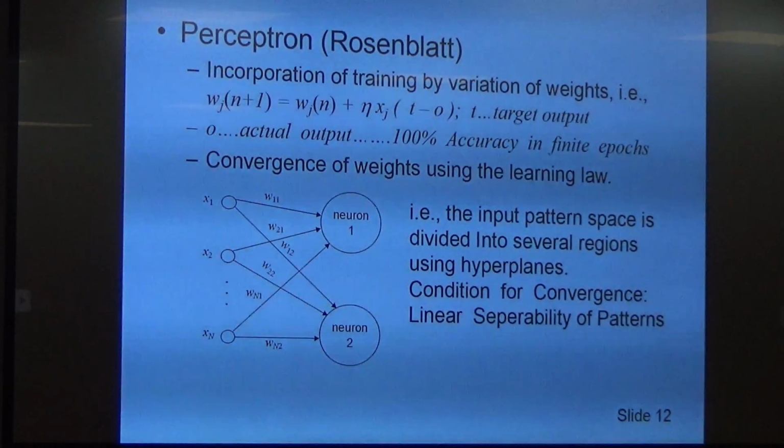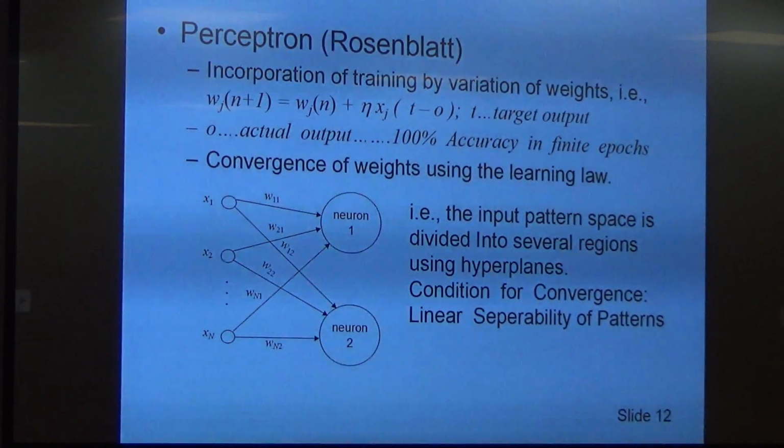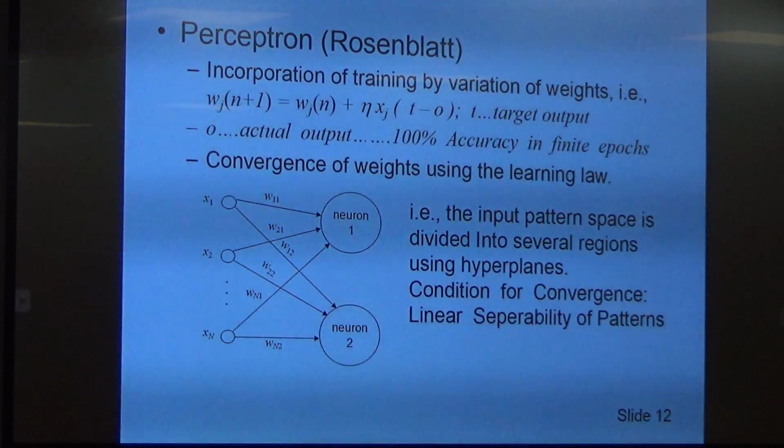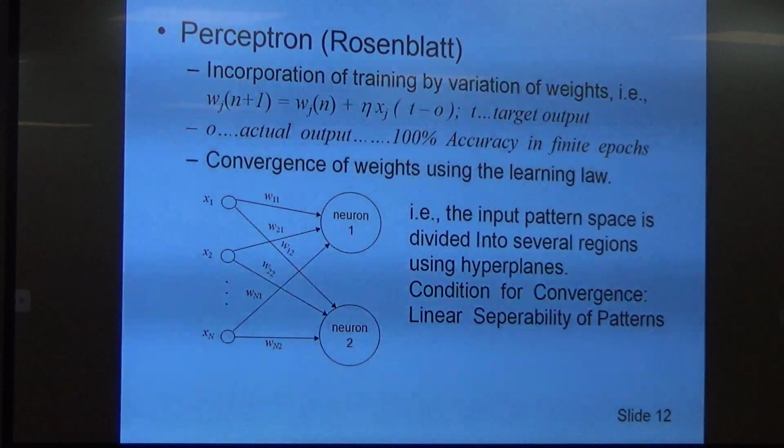So the jth weight at time n plus 1 is the jth weight at time n plus a learning rate eta times the input x sub j times (target minus actual value). The target output could be either plus 1 or minus 1, and O is the actual output.